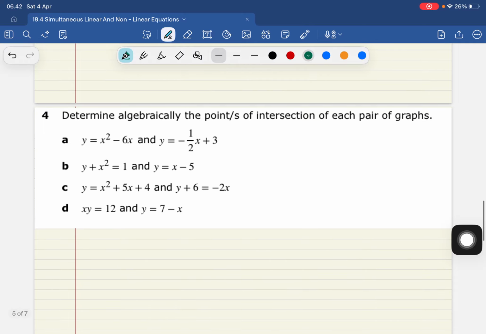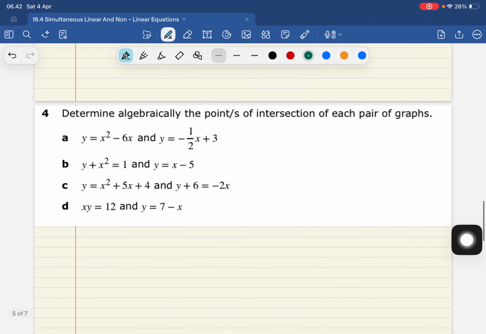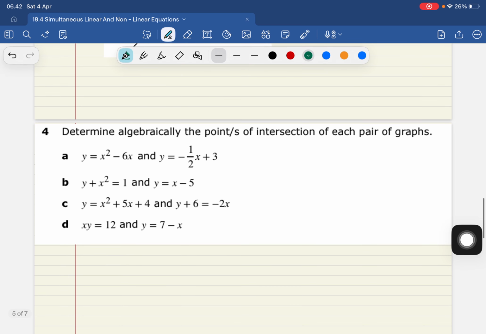Okay, number 4. Here we don't need to draw. We need to use algebra to find the points of intersection.